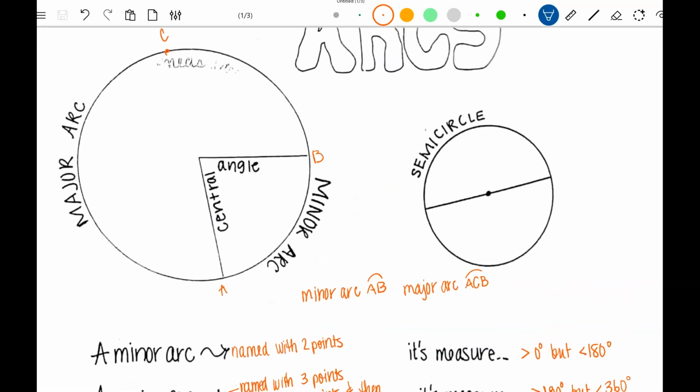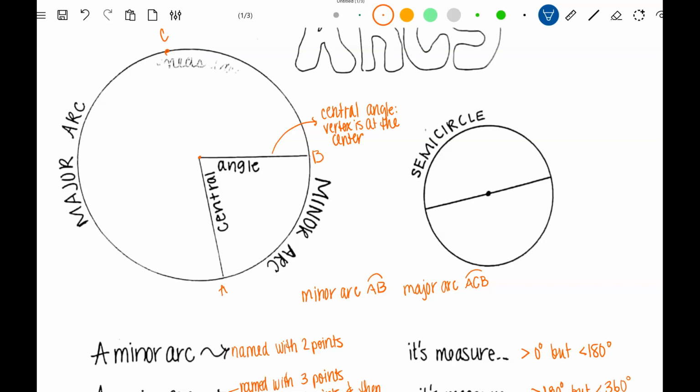Okay, notice the central angle. A central angle has its vertex at the center, and it intercepts the circle.